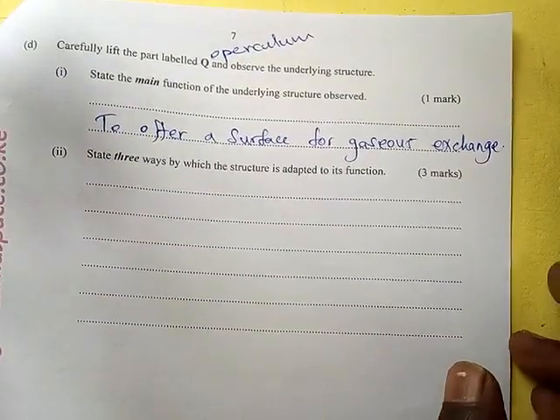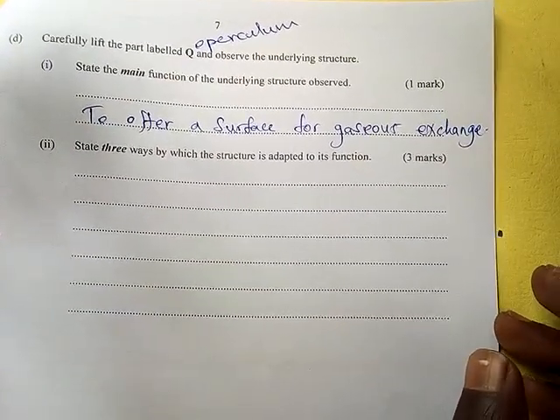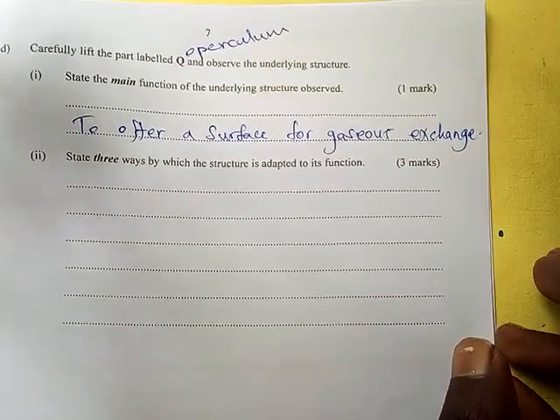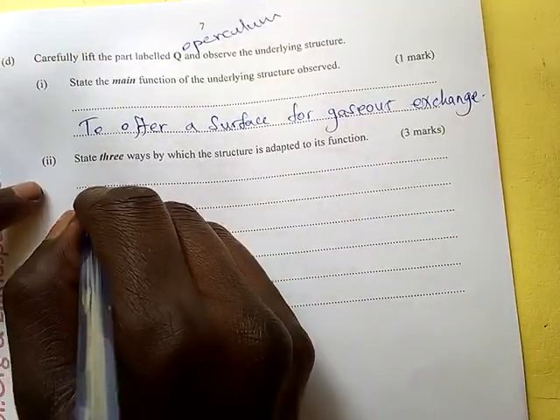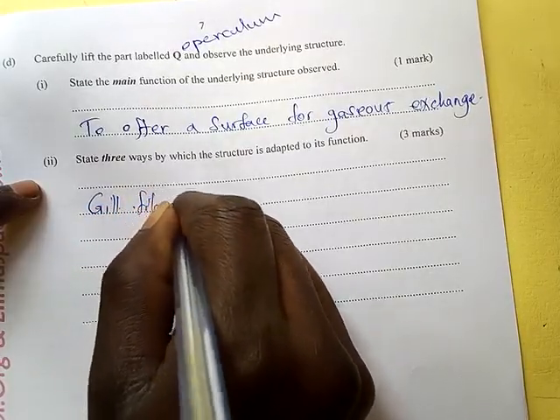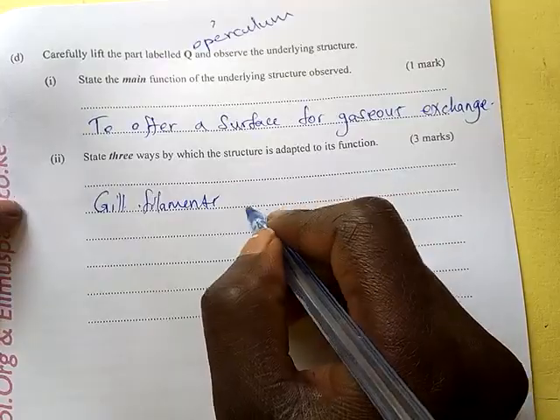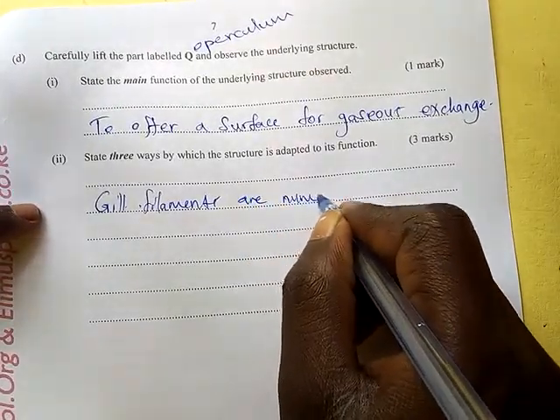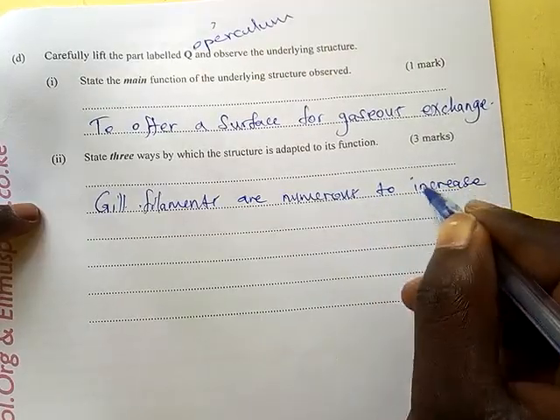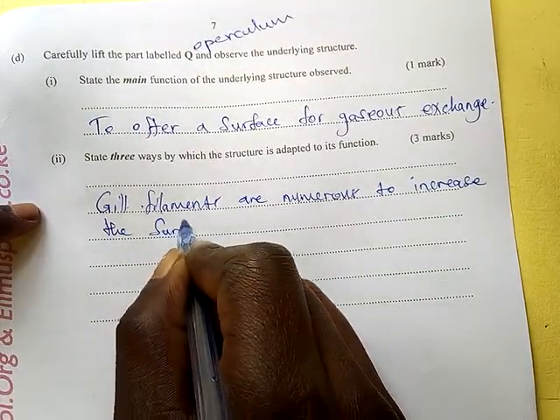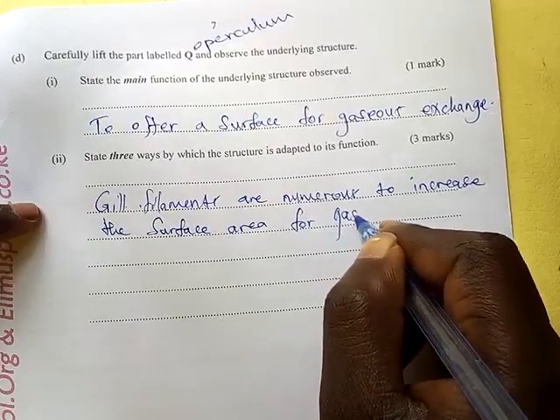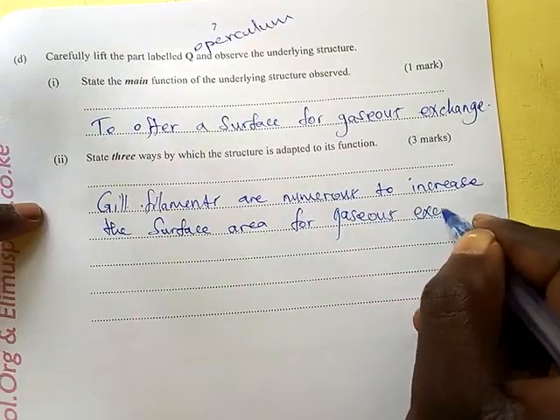Roman 2: state three ways by which the structure is adapted to its function. Now you say how the gill is adapted to its function. The gill filaments are numerous to increase the surface area for gaseous exchange.